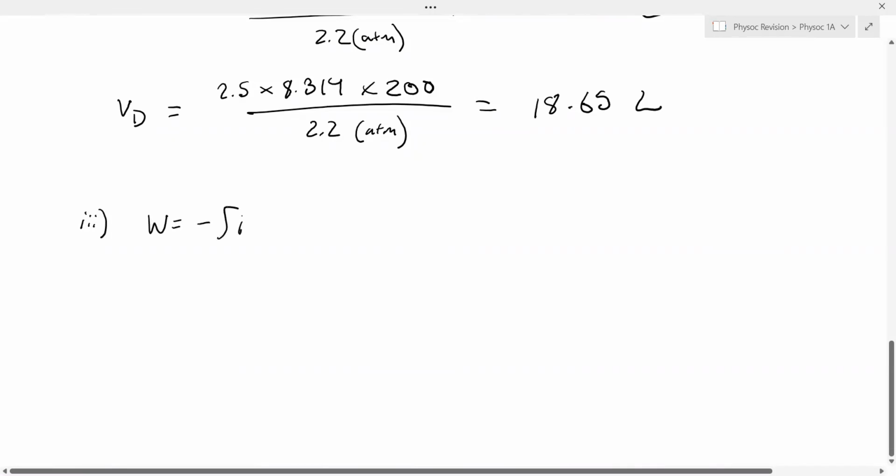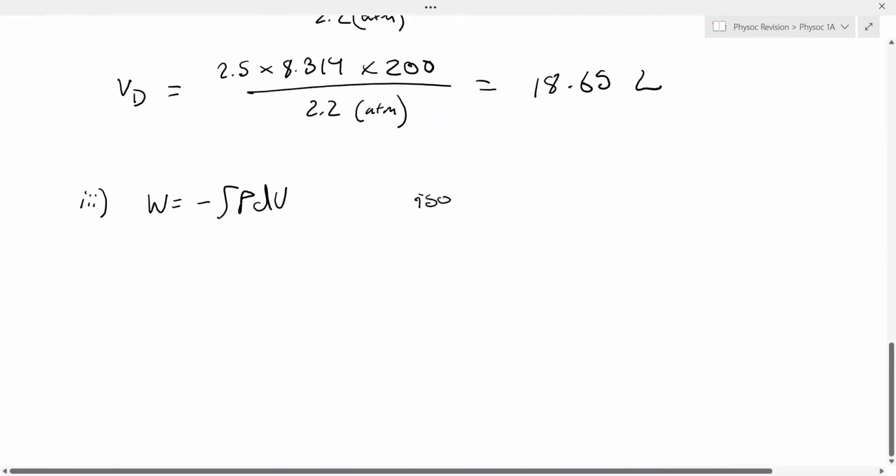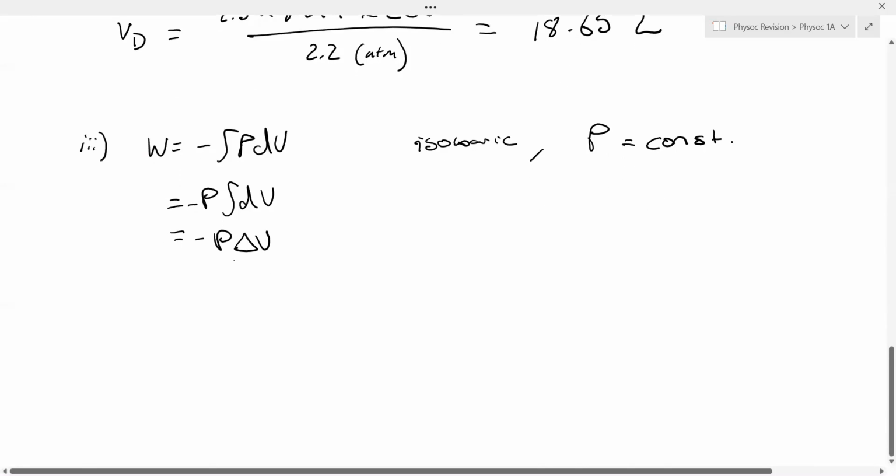We know our pressure is constant, which means we can take it outside of the integral, and this just becomes a change in volume. I use this little delta for change in something.